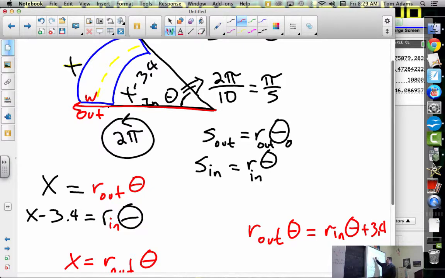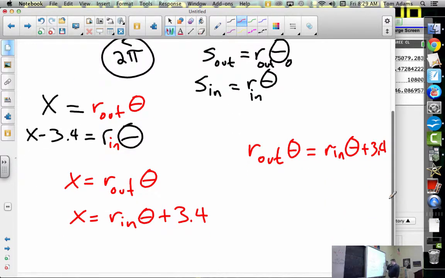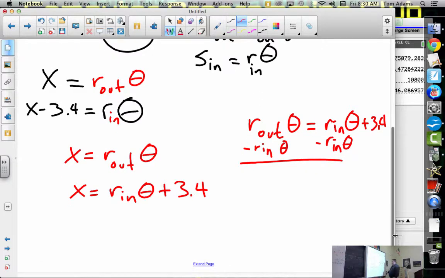This right here, the width, is the radius on the outside minus the radius on the inside, isn't it? So couldn't I subtract the radius on the inside times theta from both sides? And so what I end up with is the radius on the outside times theta minus the radius on the inside times theta is equal to 3.4.